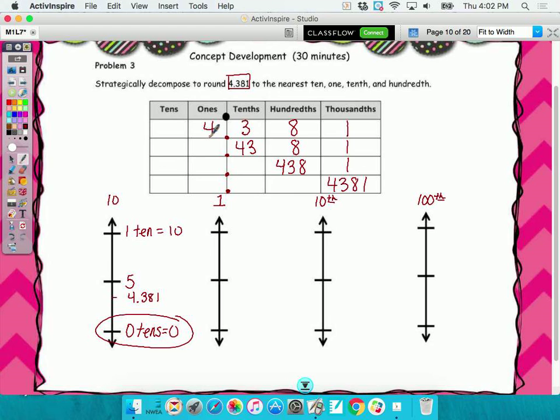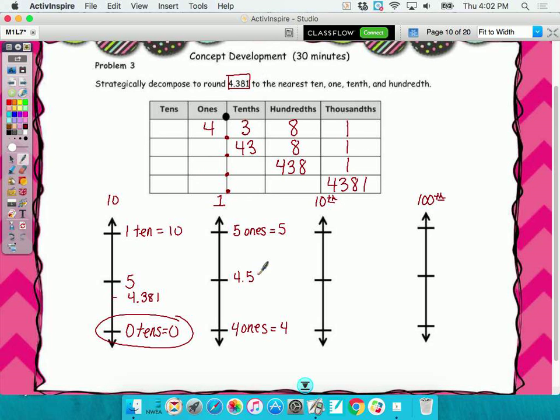Okay, let's take a look at the nearest one. What number's in the ones place? So we'll write 4 ones equals 4. What comes after 4? 5 ones equals 5. Halfway between 4 and 5, 4.5. Very good. I'm rounding a number that goes all the way to the thousands place.